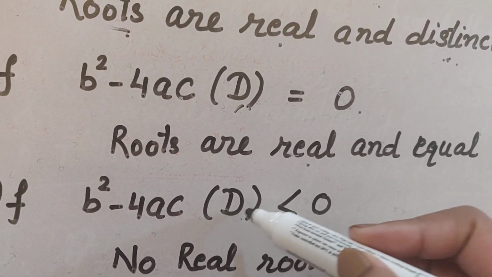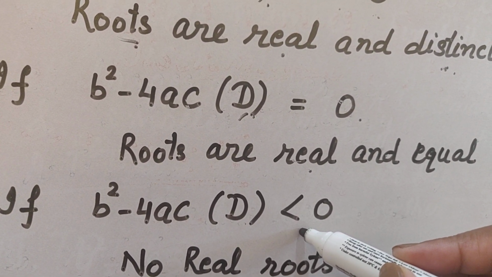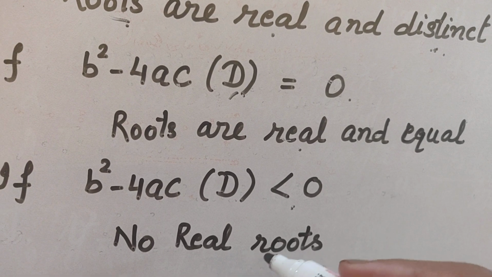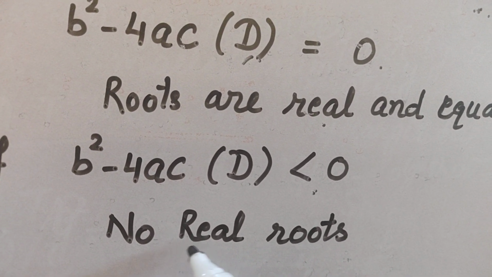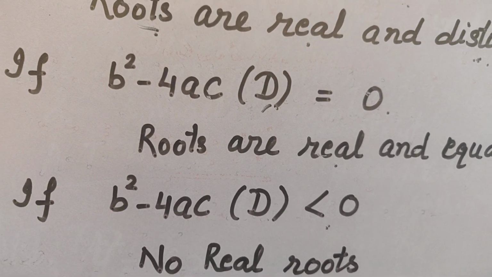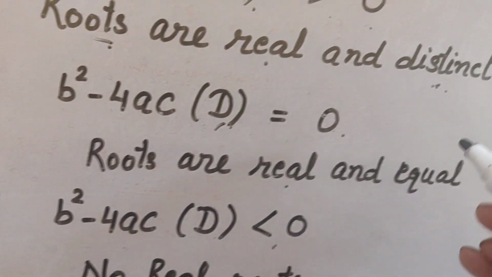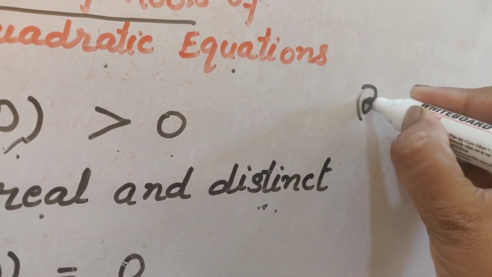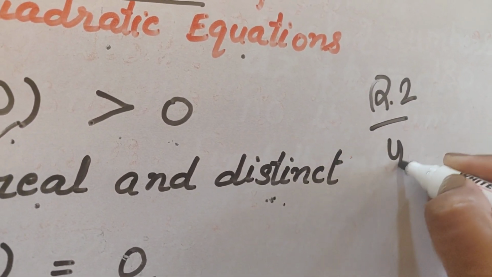But if D is less than 0, less than 0 means a negative number, then that would mean no real roots exist. This you noticed in fourth part of question number 2 of exercise 4.3.